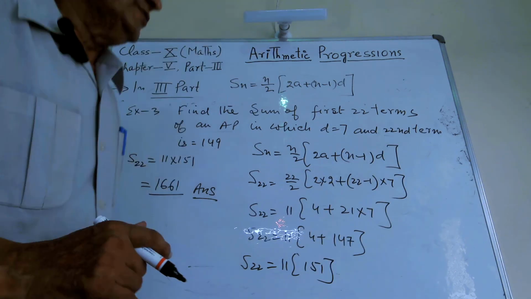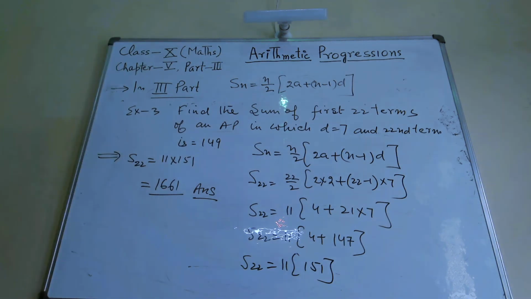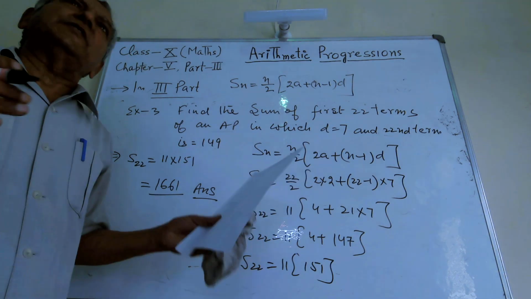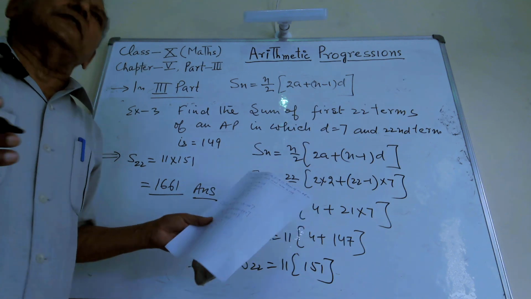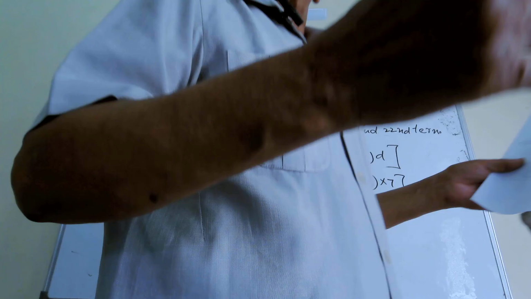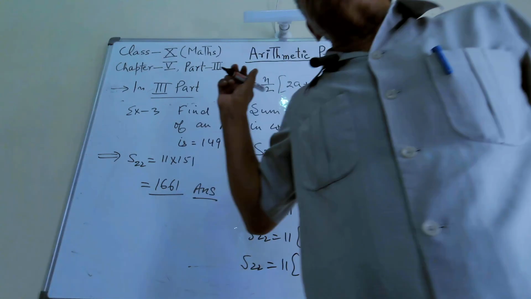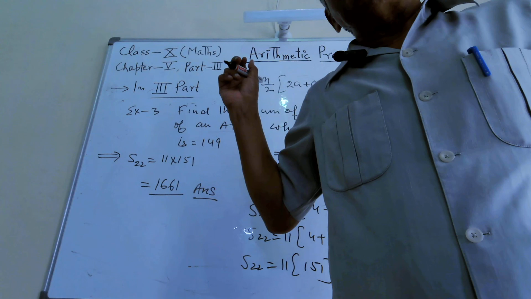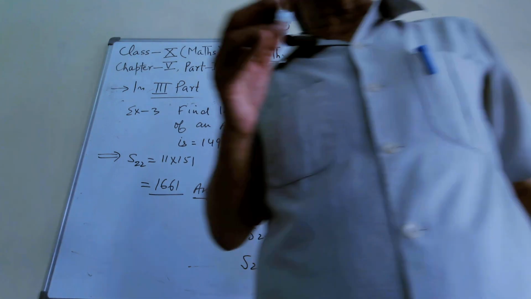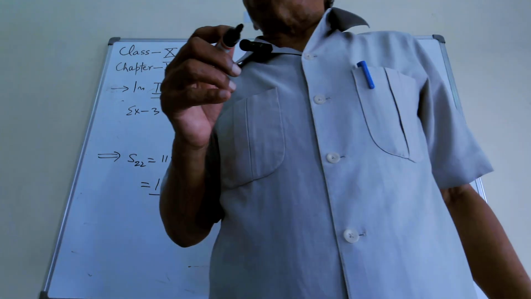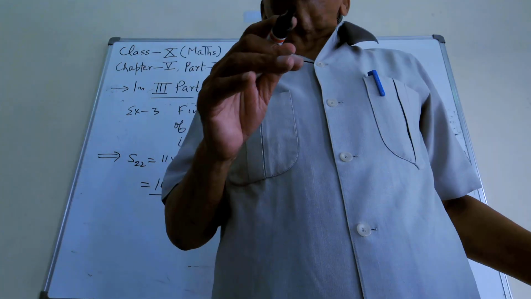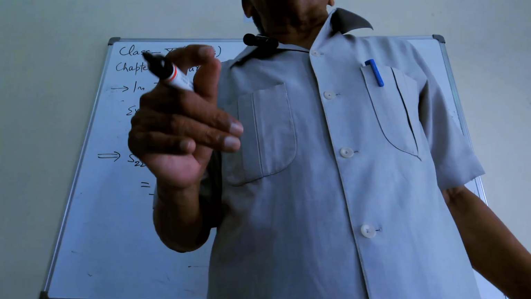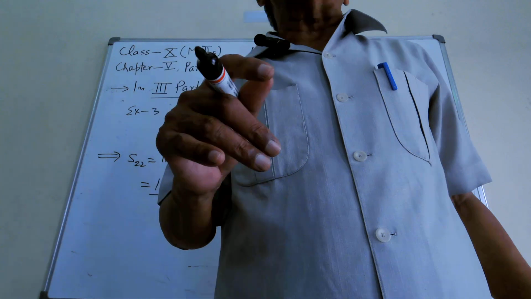So these two questions were double questions, and I think the concept is clear to you. Whether you have to find the term or the sum, you can easily find it with the help of both the formulas. So this was the third part, and I have discussed all the parts of this chapter with you. At home, do more questions from your NCERT book.